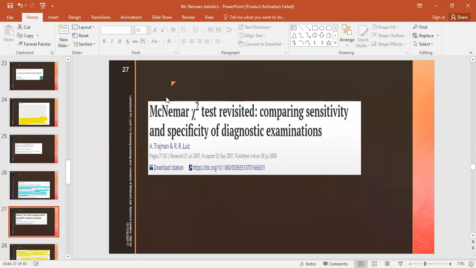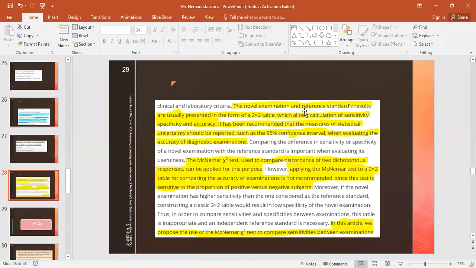This is another article, titled McNemar test revisited: comparing sensitivity and specificity of diagnostic examination. The novel examination and reference standard results are usually presented in the form of a 2x2 table, which allows calculation of sensitivity, specificity, and accuracy. It has been recommended that a measure of statistical uncertainty, such as the 95% confidence interval, should be reported when evaluating the accuracy of a diagnostic examination.